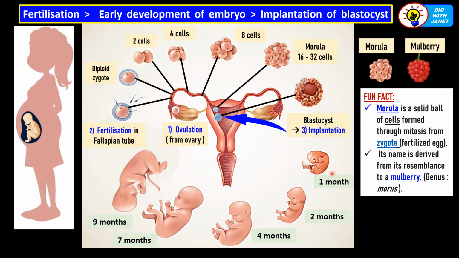Now here we see the growth of the embryo at 1 month and then 2 months. And after 3 months, it starts to become what is called a fetus already, right? So what's the difference? For the embryo, the body features are not well developed yet. You can hardly see the shape of a head or the fingers and so forth.